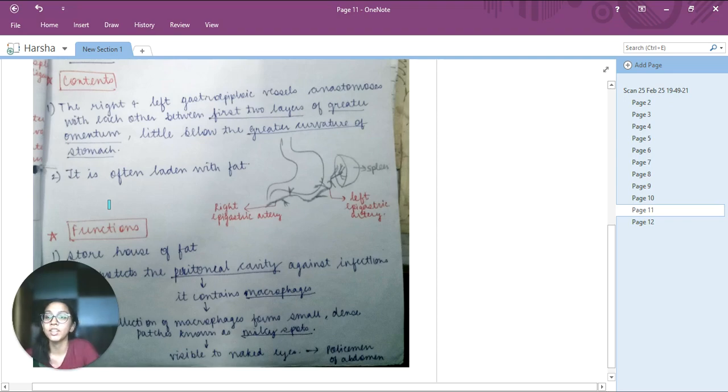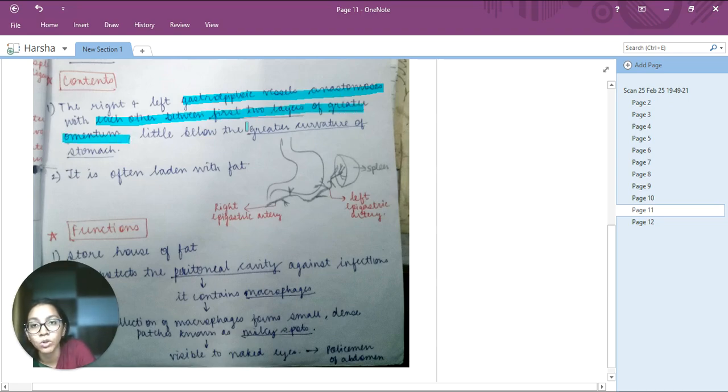The contents of the greater omentum are the right and the left gastroepiploic vessels. The right and the left gastroepiploic vessels anastomose with each other in between the first 2 layers of the greater omentum, a little below the greater curvature of the stomach, and this is often laden with fat.